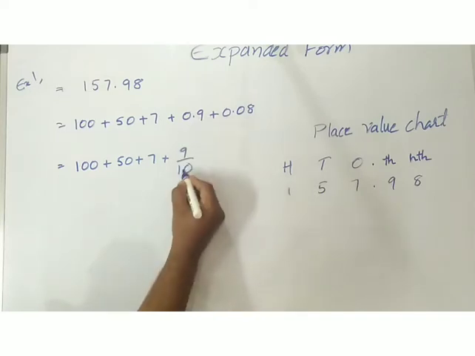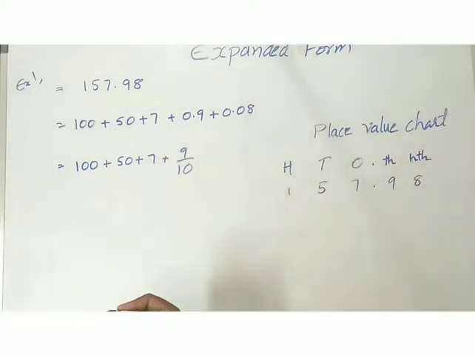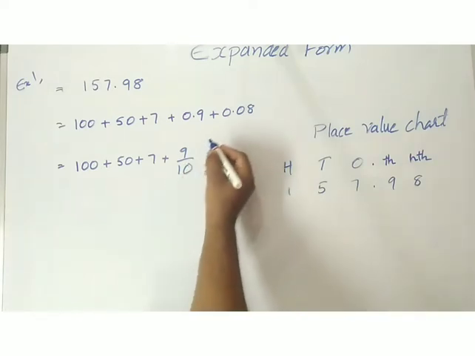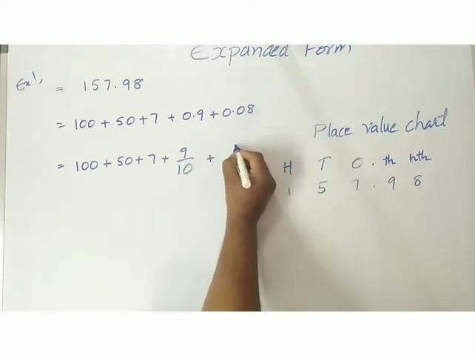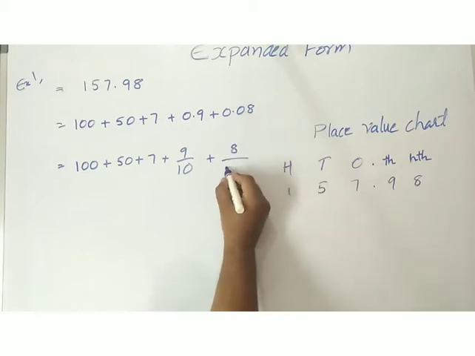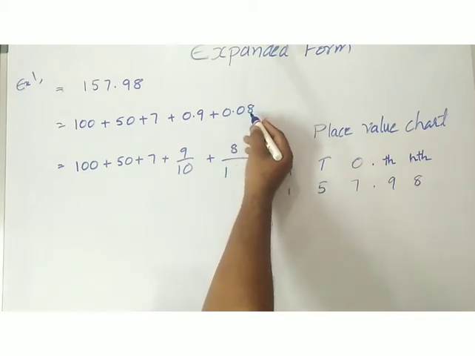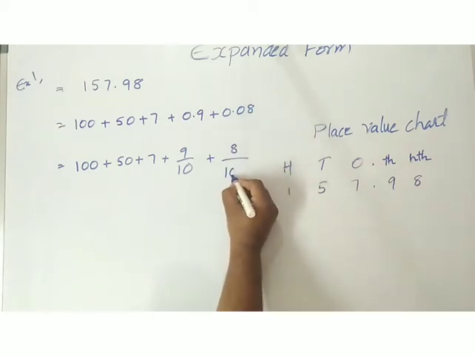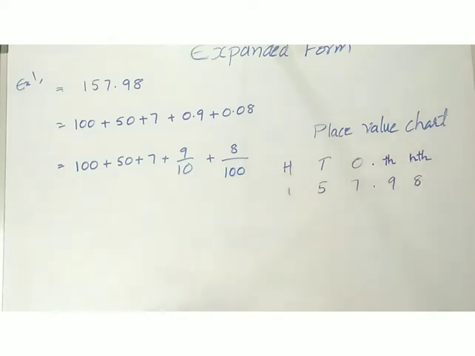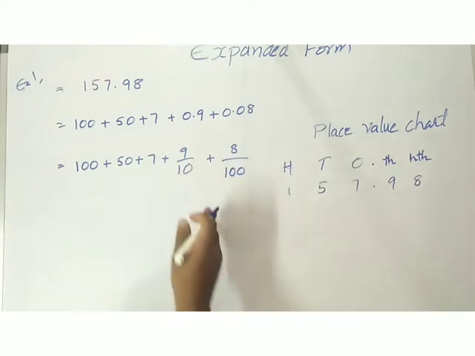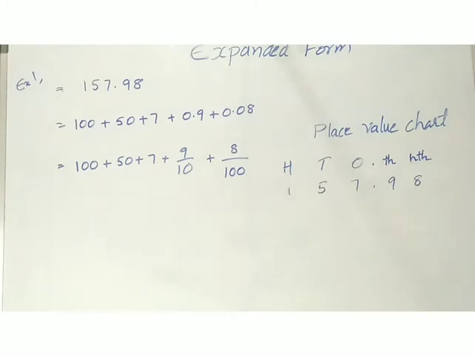Since after the decimal point one digit is there, we write it over 10. In the same way, after the decimal there are 2 digits, that is 0 and 8, so the denominator has 2 zeros. This is the expanded form.